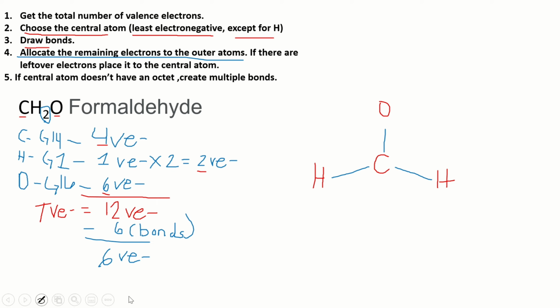Take note that hydrogen is happy with 2 valence electrons. Hydrogen is stable with 2 valence electrons. So you do not need to add another electron here, because hydrogen is already stable because of the bond.